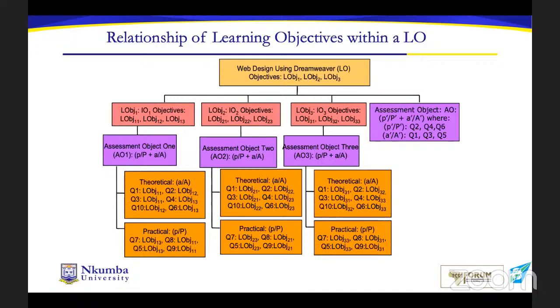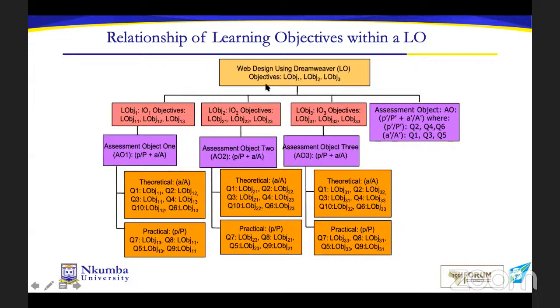This is just an example of trying to describe it further in detail. Let's take an example. This is a course, web design using Dreamweaver, as being the learning object. It has 3 objectives to achieve. And these 3 objectives have been distributed under 3, I would say, information objects.